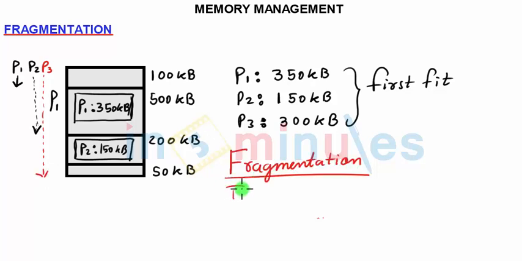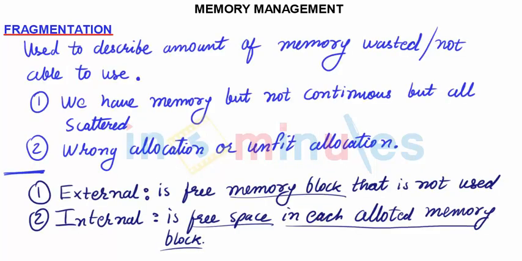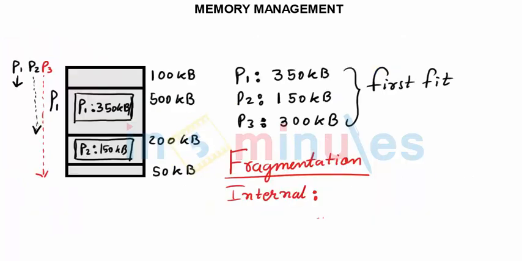Let's first talk about the internal. I'm going back to the definition. We said internal fragmentation is free space in each allocated memory block. So suppose P1 is allotted over here and P2 is allotted over here.